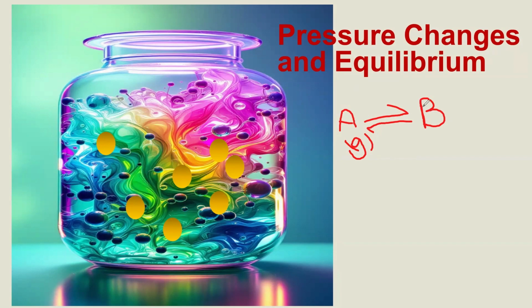at a certain pressure, the equilibrium is established. If the pressure is disturbed by increasing or decreasing, if the pressure is increased, the reaction will favor the direction which leads to a decrease in that increased pressure.